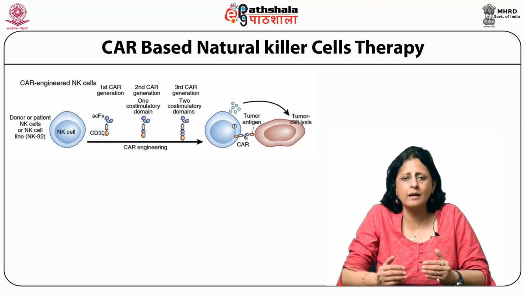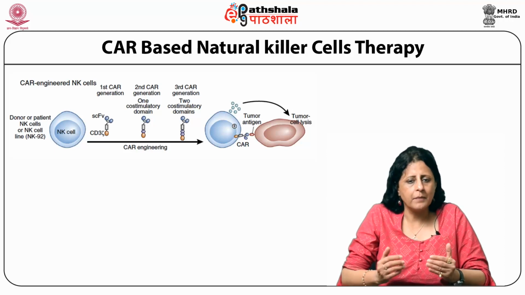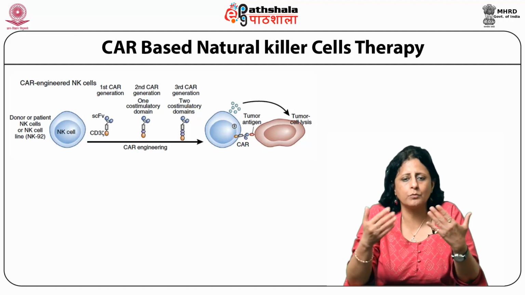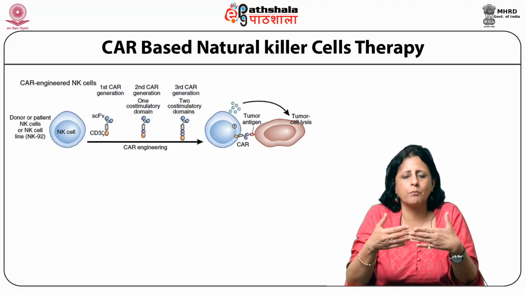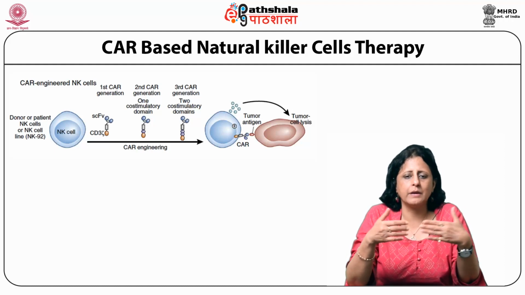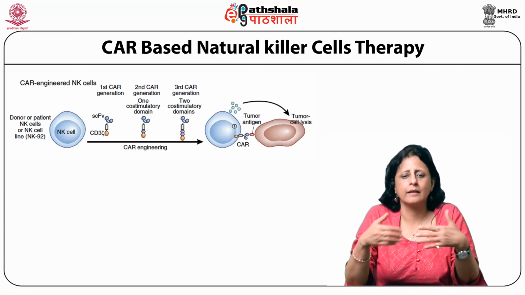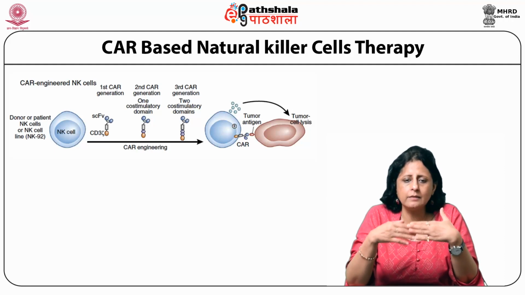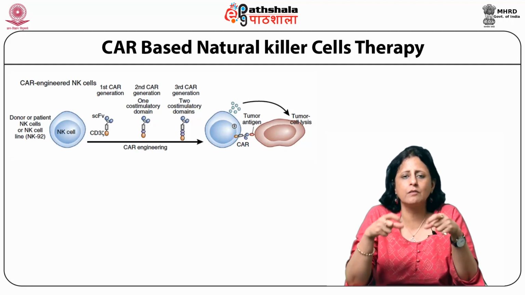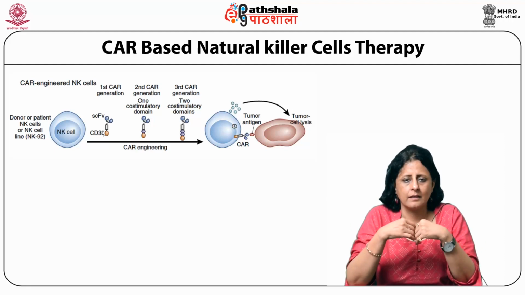Each CAR has the CD3 zeta chain as its main signaling domain. Additionally, 1 or 2 co-stimulatory domains, usually from CD28 or CD137, can be added to the CAR construct. This leads to increased persistence and superior functionality of these CAR NK cells.